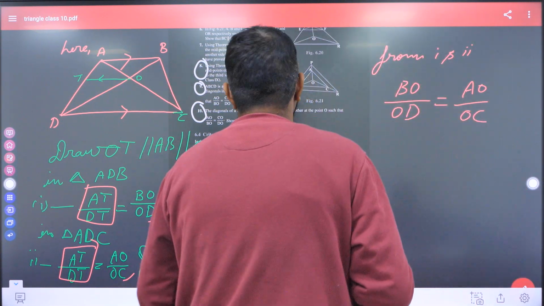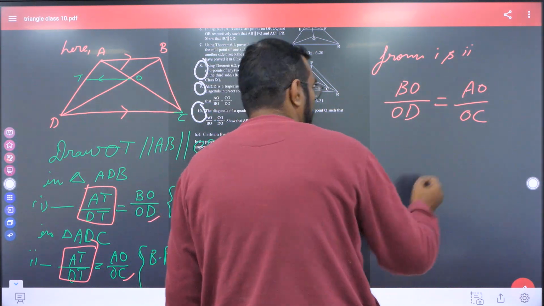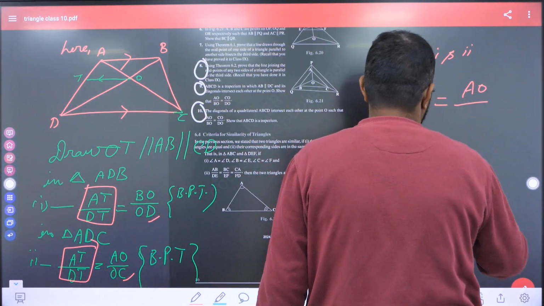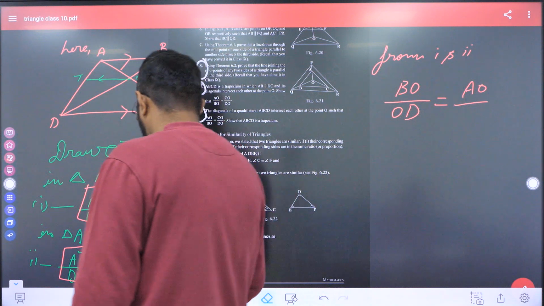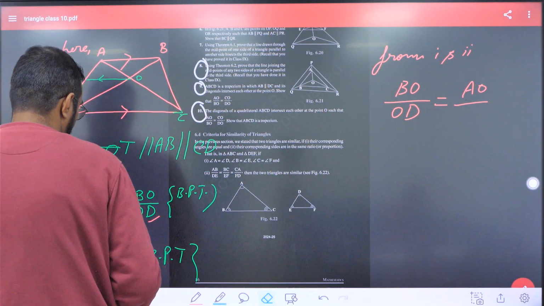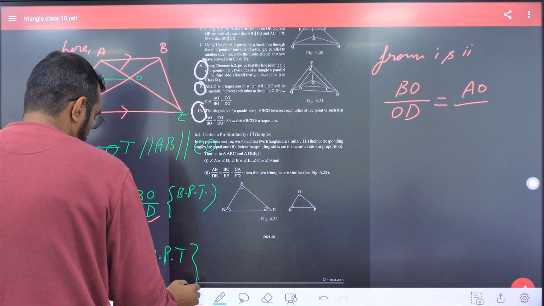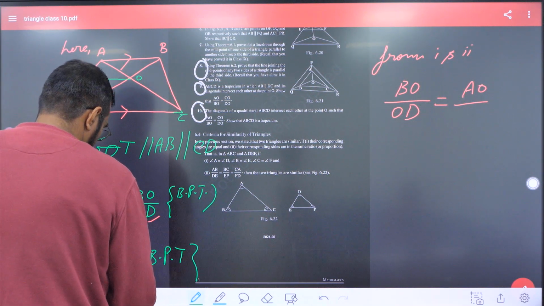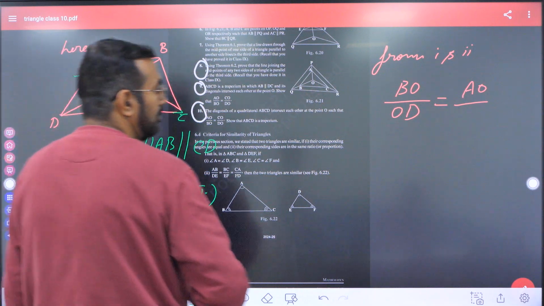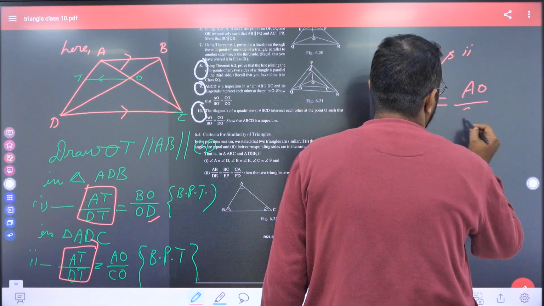CO or OC, okay? You can write both. I am writing it CO instead of OC. AO upon CO.